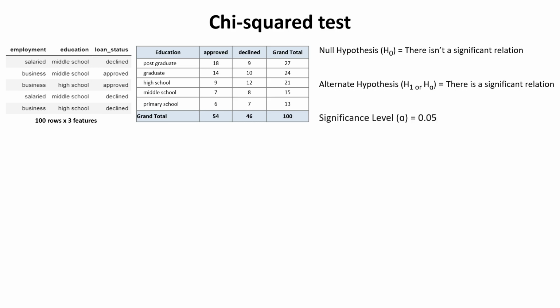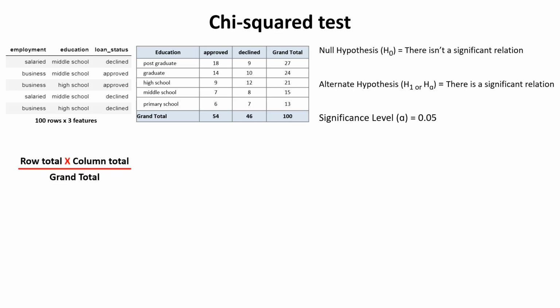So let's consider the significance level, which I'm going to take as 0.05. This is also called the p-value. This is an ideal situation where we usually take the significance level at 0.05, which is 5%. Hope this is clear. Now let's move on and try to calculate the chi-square.